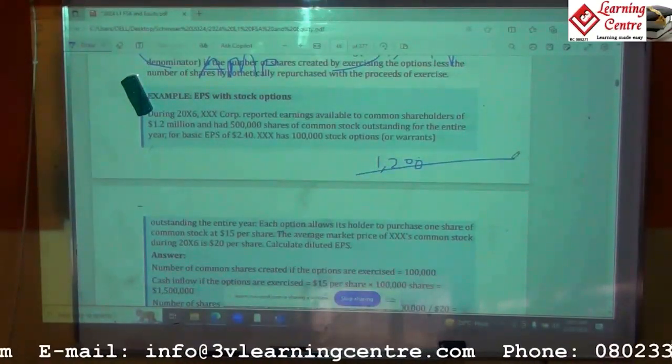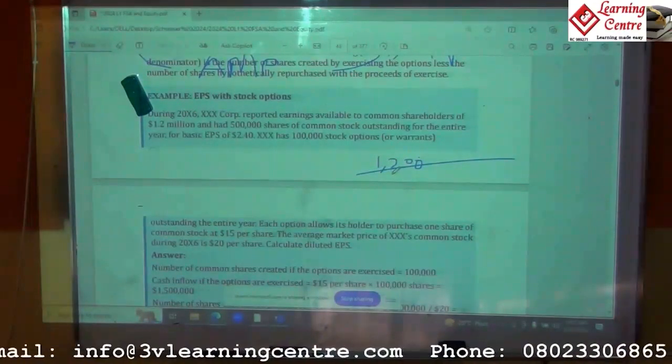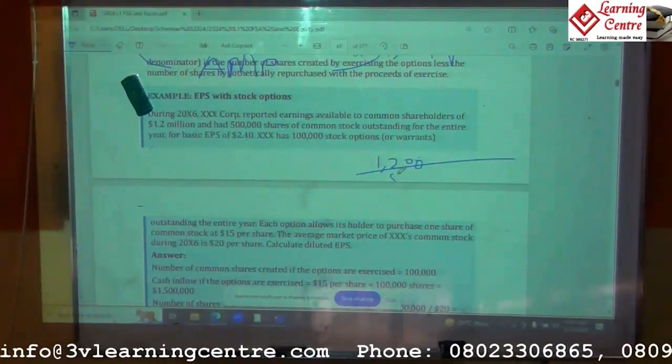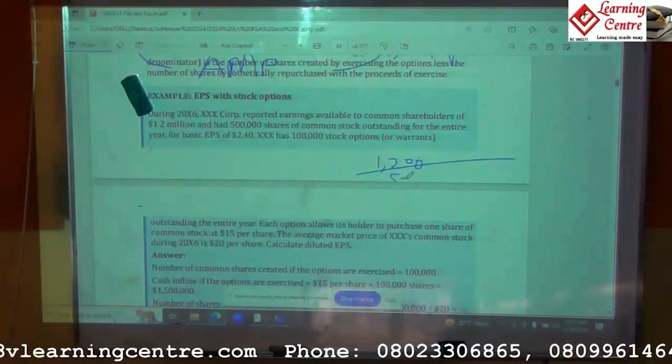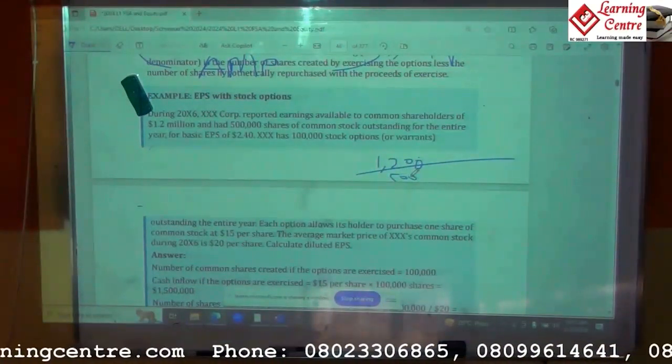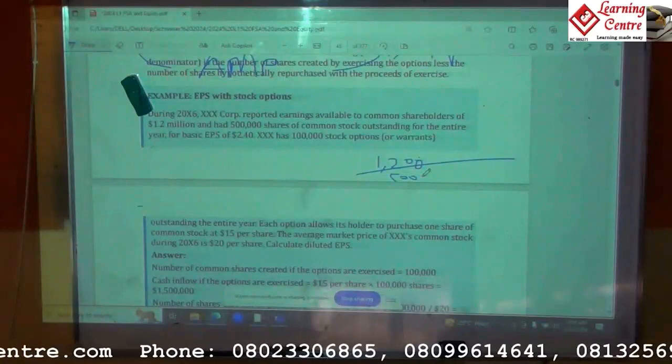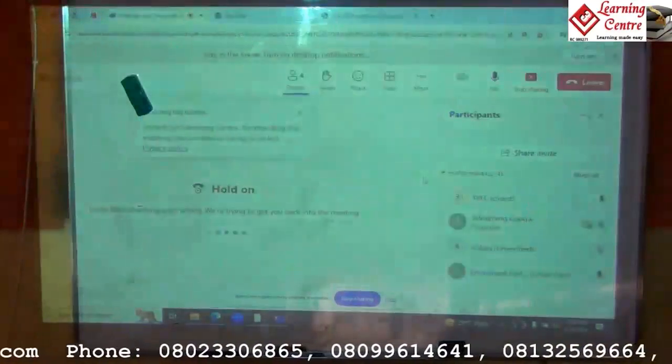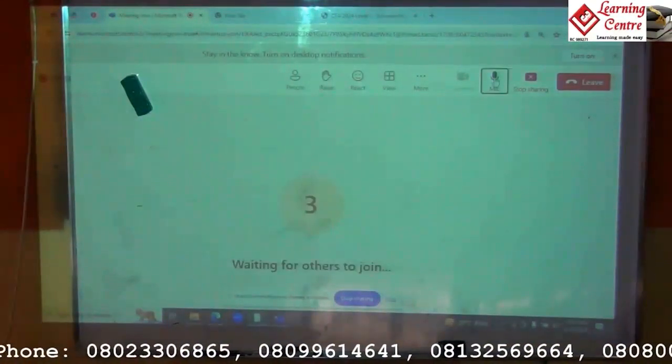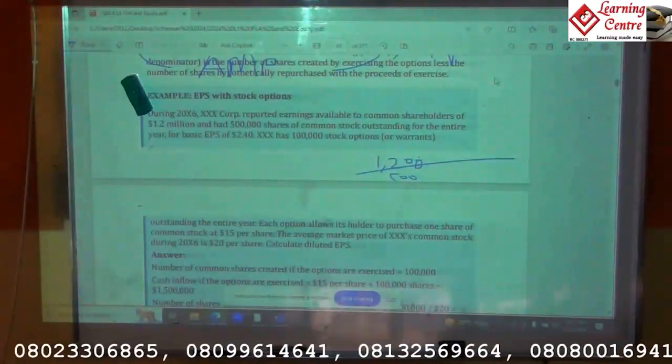What was the initial outstanding shares we have? We have 500. So now, this 25 that this person is paying for, how do we now calculate?